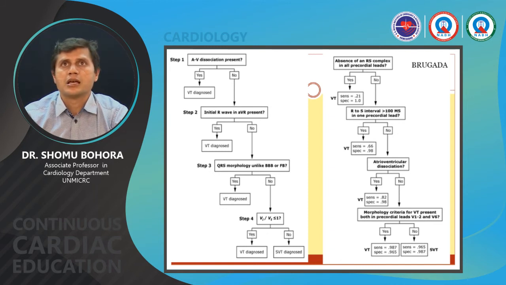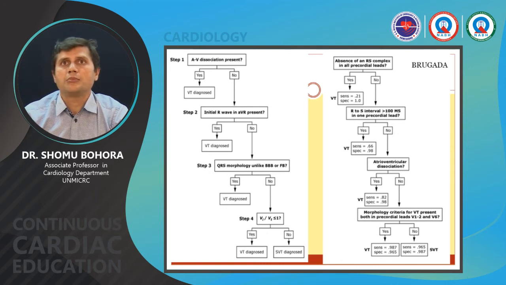The first is, if you have an absence of an RS complex in all precordial leads, it suggests it to be a ventricular tachycardia. This primarily means a concordance pattern, either negative or positive. If not, then you go to the next step, which suggests that R to S interval, if it is more than 100 milliseconds in any one of the precordial leads, it suggests it to be a ventricular tachycardia.